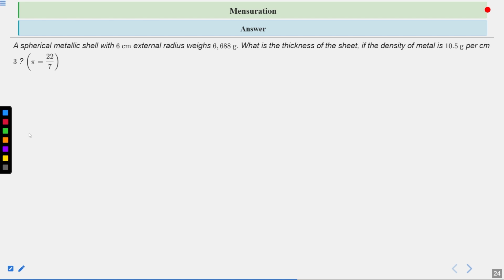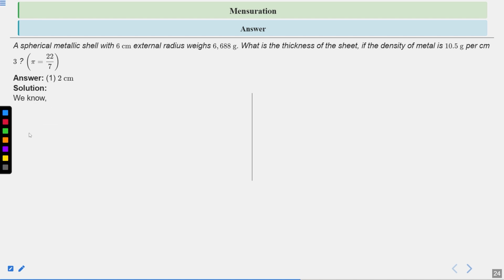Now the question is, what is the thickness of the sheet if the density of the metal is 10.5 gram per cubic centimeter? We can calculate it by using the formula. The correct answer of this question is the first one, which is 2 centimeter. Now see the detailed solution of this question.